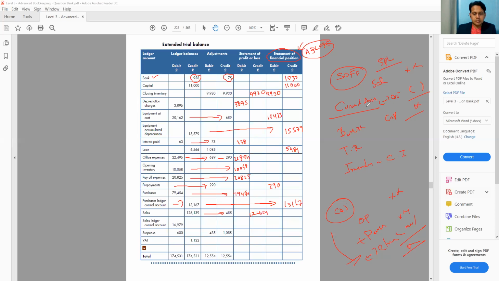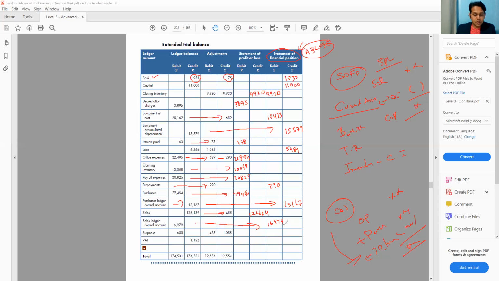This is my income. All right, the sales ledger control is an asset, trade receivables, credit customers, isn't it? Sales ledger control means credit customers, they're my asset. So they'll go to the statement of financial position.